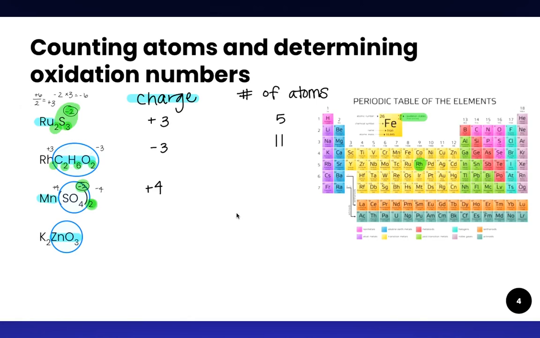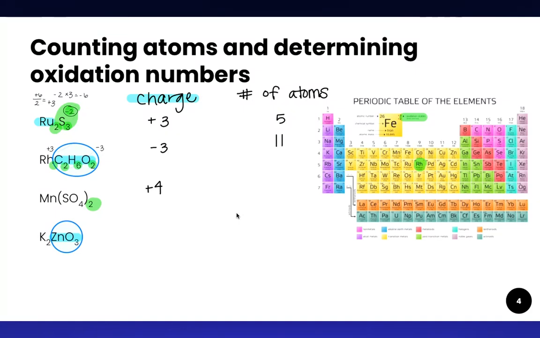Okay, now we're going to figure out the number of atoms in this molecule, and this part is a little trickier, so I'm going to go ahead and erase everything else on here so I can show you that there are 2 SO4 anions.